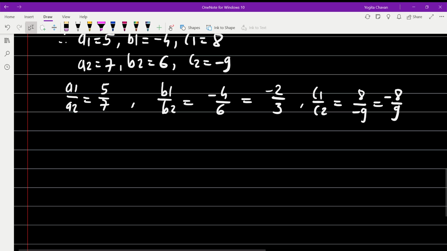Now observe that here a1 upon a2 is not equal to b1 upon b2.